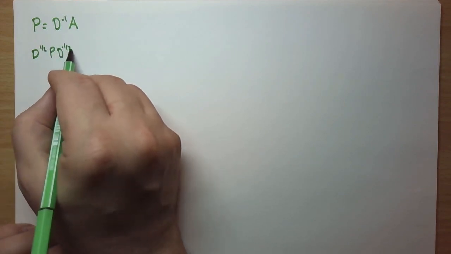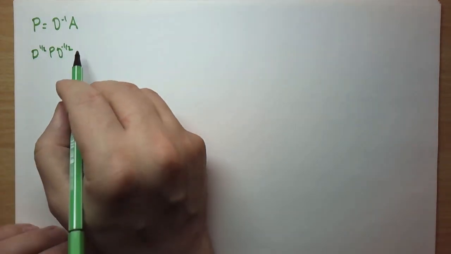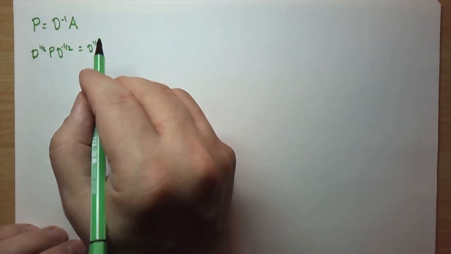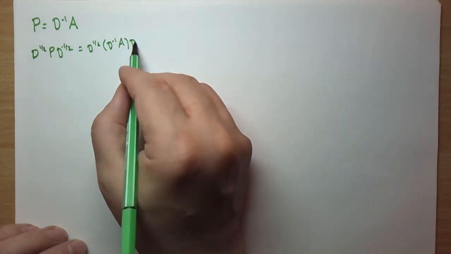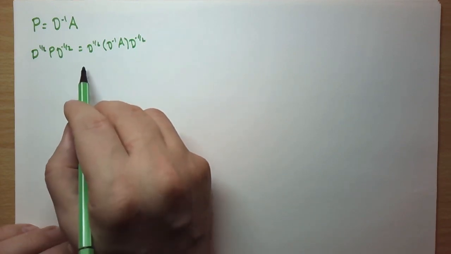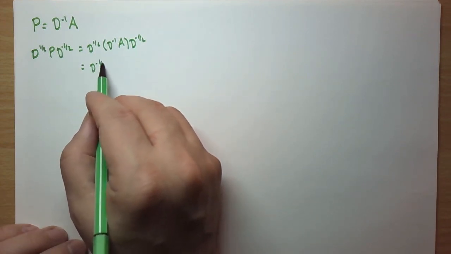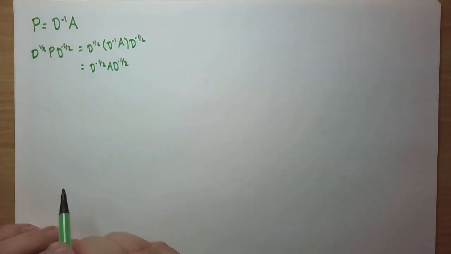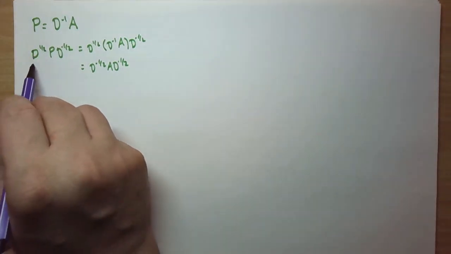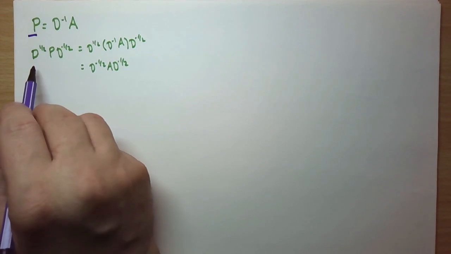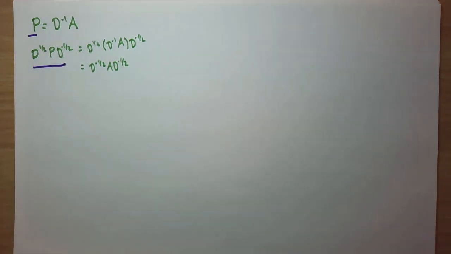What happens if we multiply by D to the 1/2 times P times D to the minus 1/2? Well, that would be D to the 1/2, D inverse A, D to the minus 1/2. Just D to the minus 1/2, A, D to the minus 1/2. Now, first off, what's true about our original matrix P versus D to the 1/2 P D to the minus 1/2?